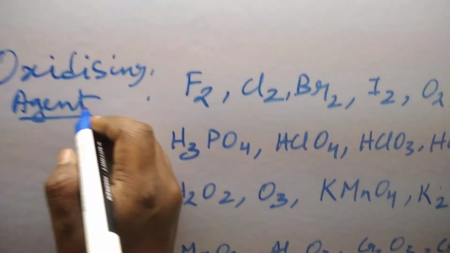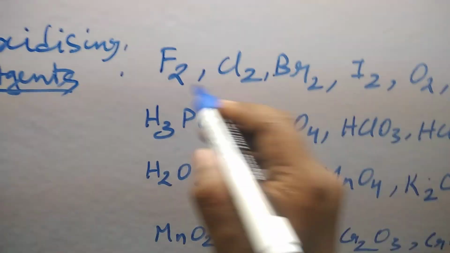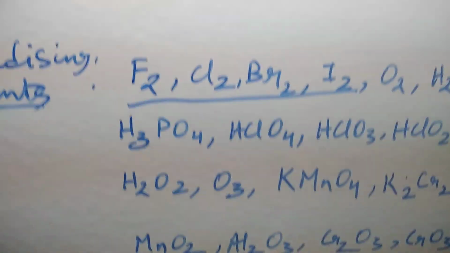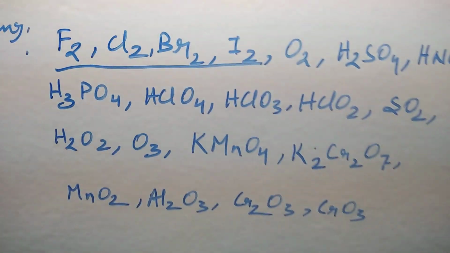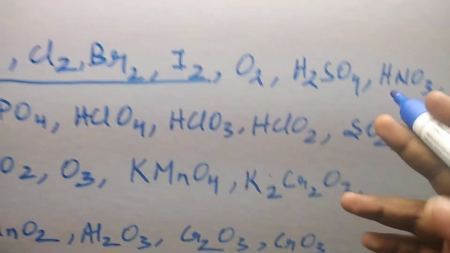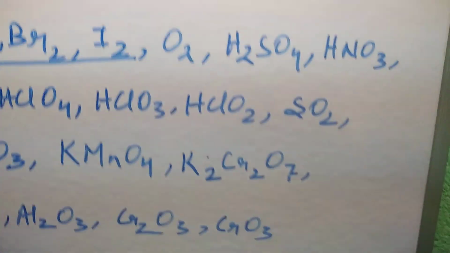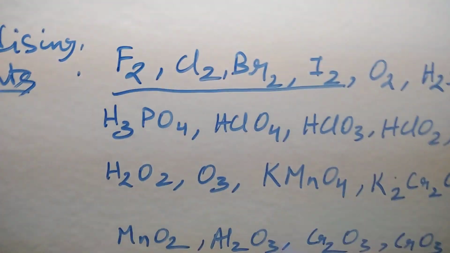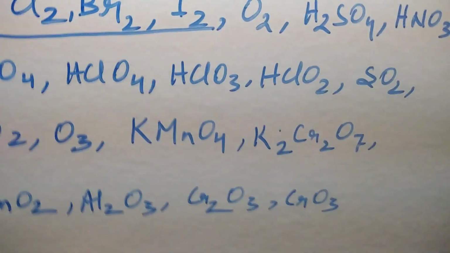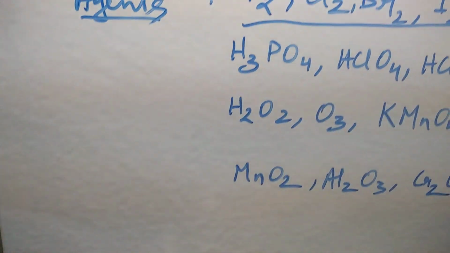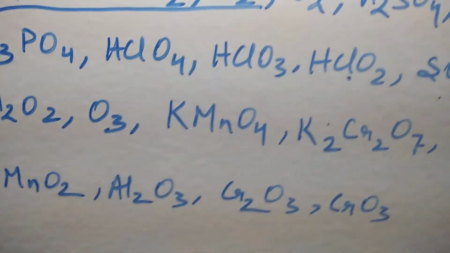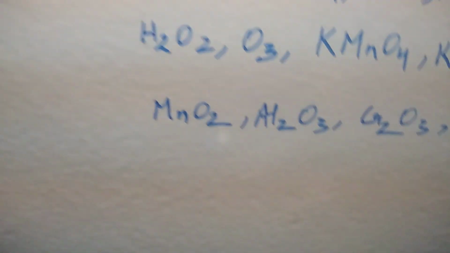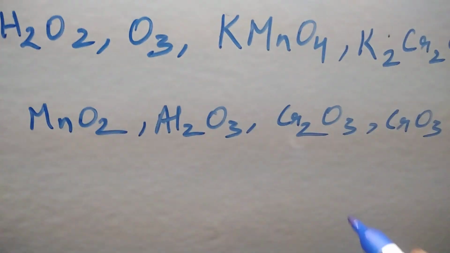See students, oxidizing agents: all the halogens F2, Cl2, Br2, I2, then oxygen, sulfuric acid H2SO4, nitric acid HNO3, phosphoric acid H3PO4, then HClO4, HClO3, HClO2, SO2, hydrogen peroxide H2O2, O3, KMnO4, K2Cr2O7, MnO2, Al2O3, Cr2O3, CrO3.